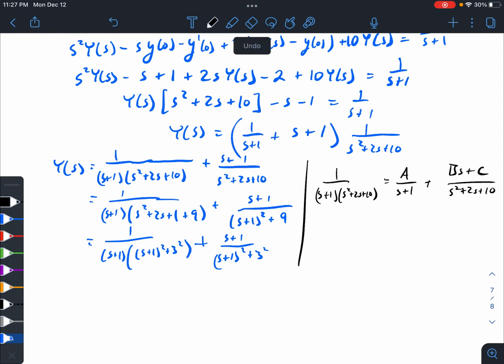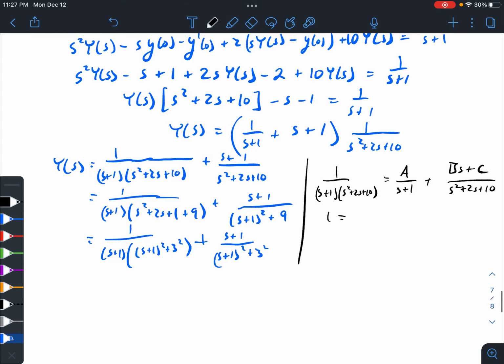And I'm reverting back to this thing over here because we're just going to expand everything out anyway. Multiply everything out. Get as squared plus 2as plus 10a plus bs squared plus cs plus bs plus c.